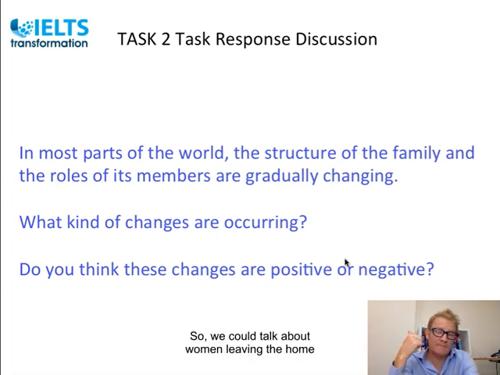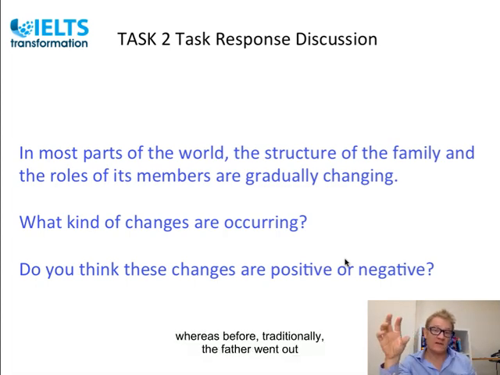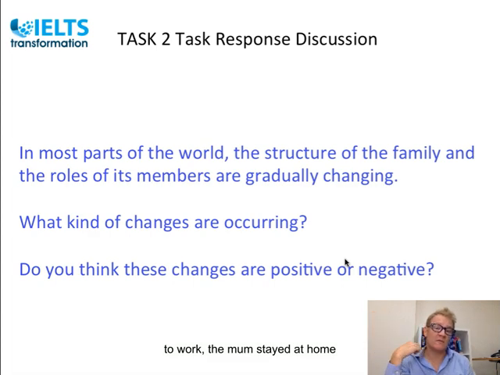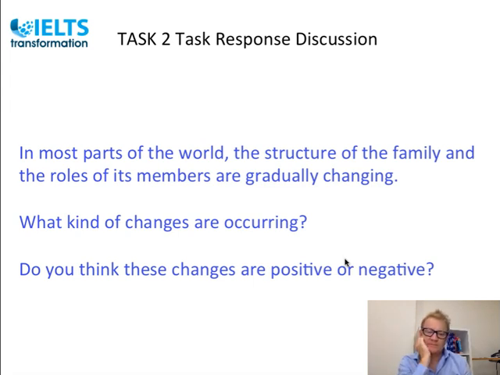So we could talk about women leaving the home and going to work. Well, nowadays often both parents are working, whereas before, traditionally, the father went out to work, the mum stayed at home and looked after the children, basically. That's changed. What are the changes?